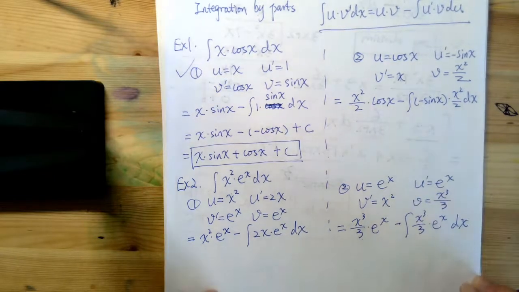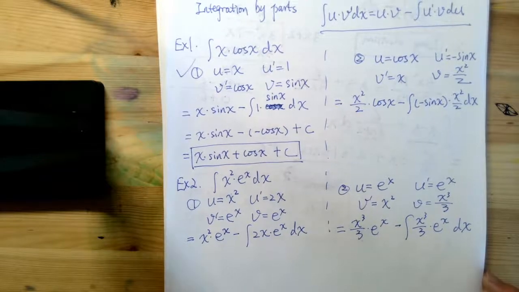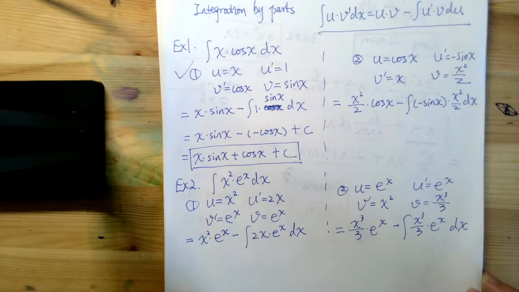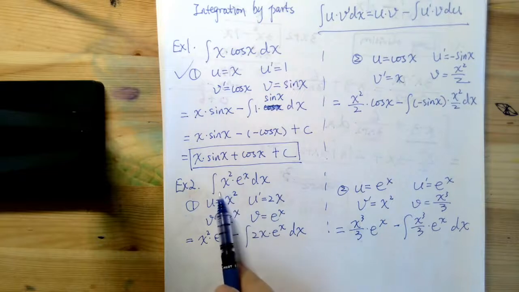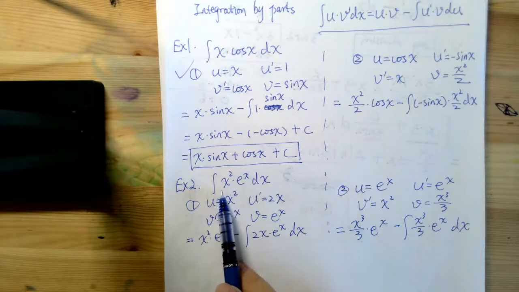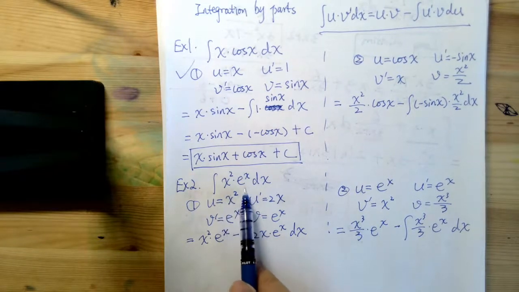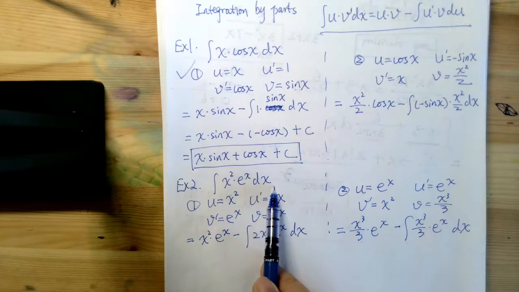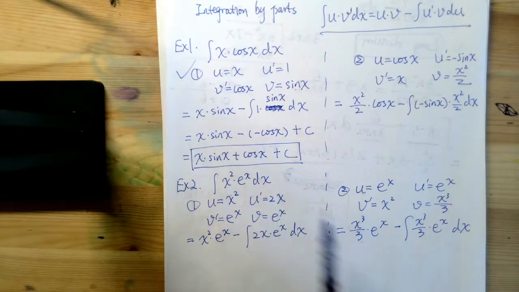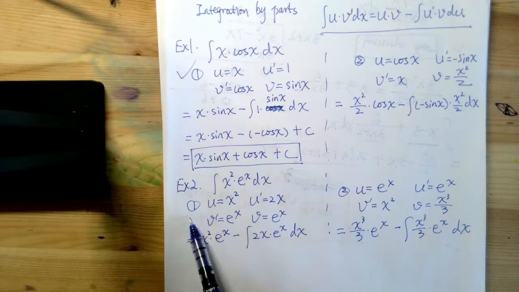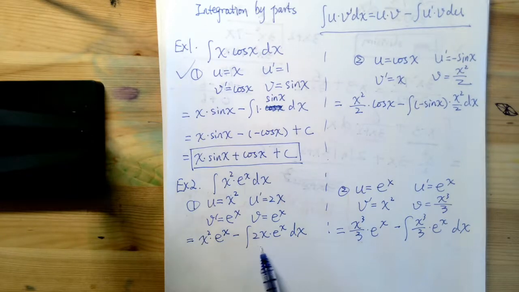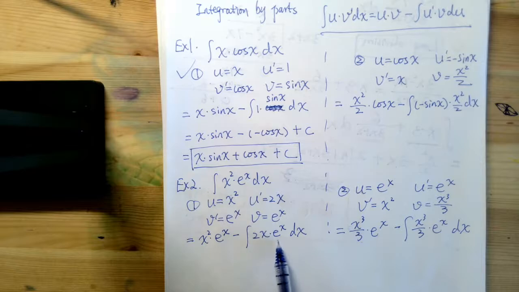So now let's do another round of comparison. As you can see, in my original integral, I have x squared e to the power of x dx. And following the first selection, you can see that the integral on the right hand side becomes a monomial with order 1 times e to the power of x.